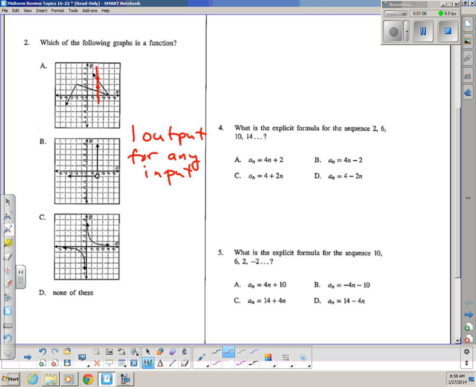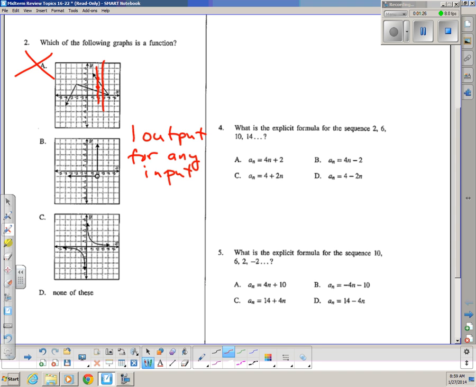And notice I drew a vertical line. If that vertical line is intersecting the graph more than once, then you know that there is more than one output. This is called the vertical line test. If the vertical line is intersecting the graph of the supposed function anywhere more than once, then we do not have a function.